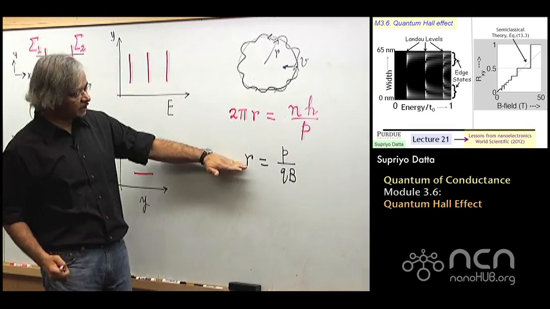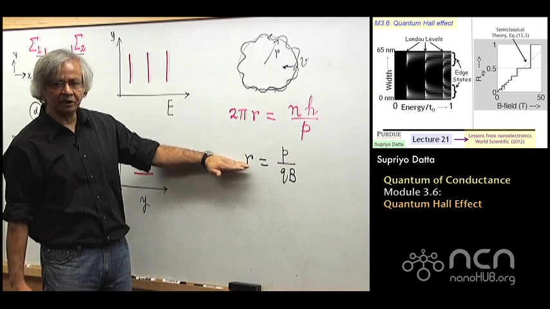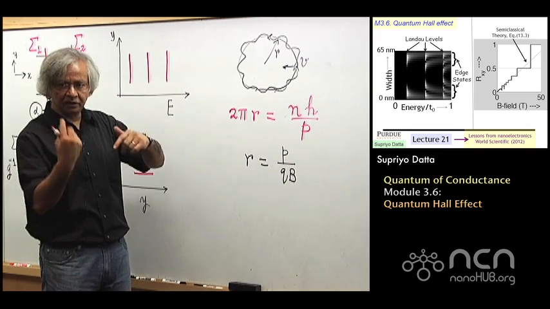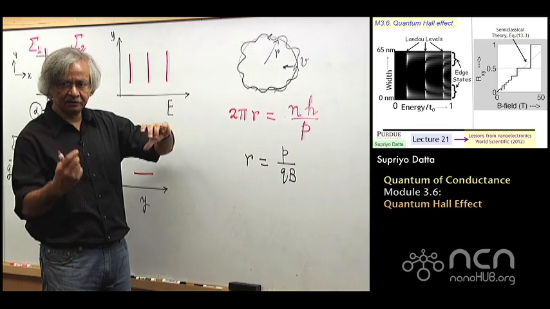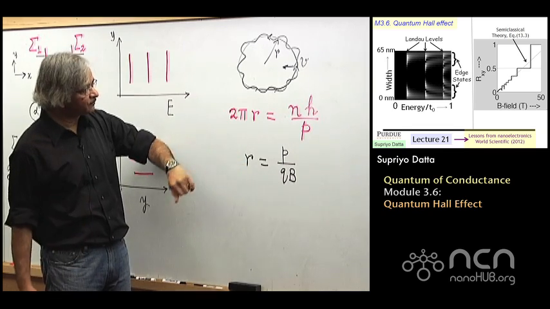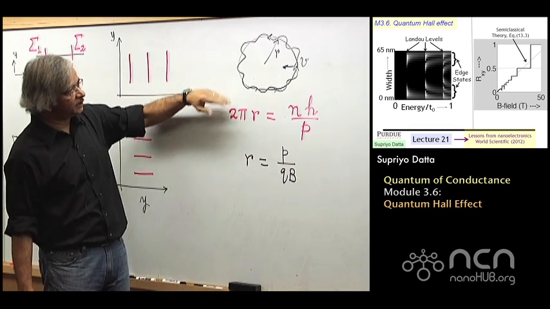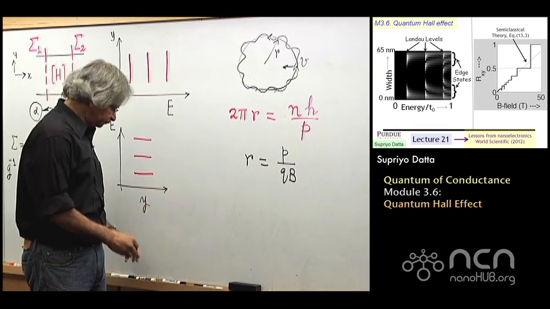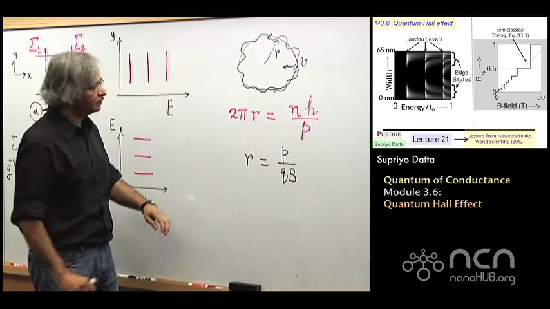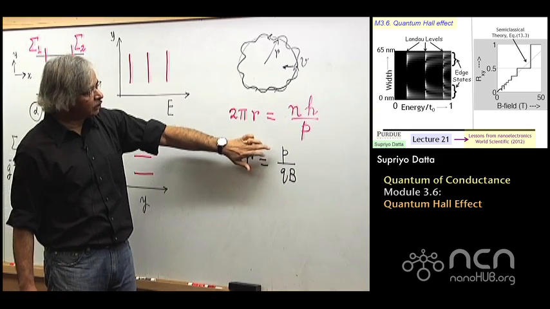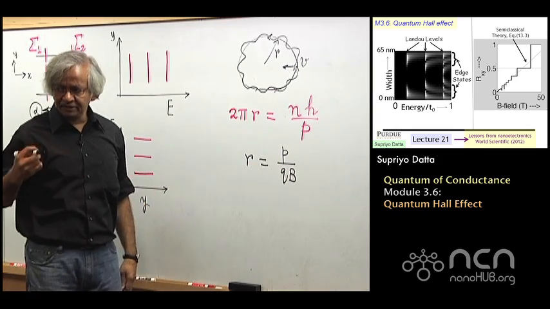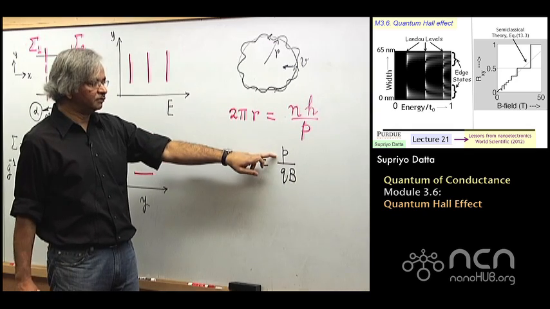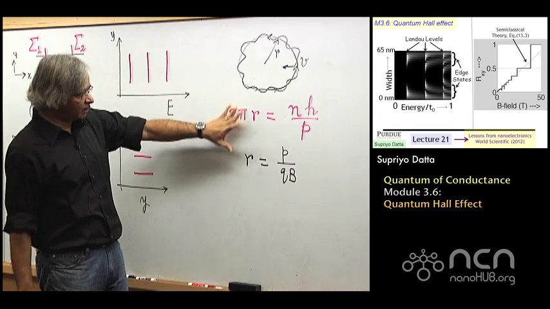So this is what came from just Newton's law, equating the Lorentz force to the centripetal force, that's acceleration. And this comes from the wave nature of electrons. And if you combine those two, you'll find that not all momenta are allowed. Only certain specific momenta p would be allowed if you combine those two.